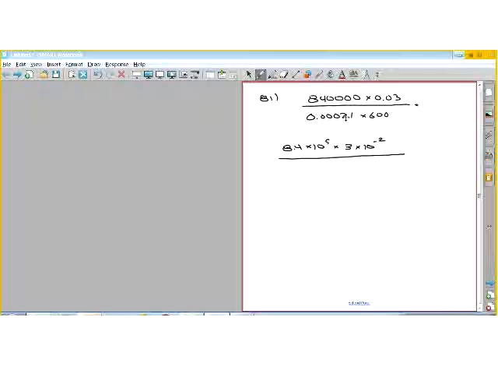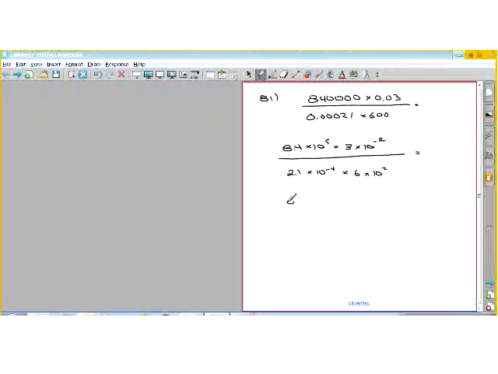Next, what number between 1 and 10 starts with a 2 and has the second digit of 1? 2.1, times 10 to the minus 4. What number between 1 and 10 starts with a 6? 6, times 10 to the second power.